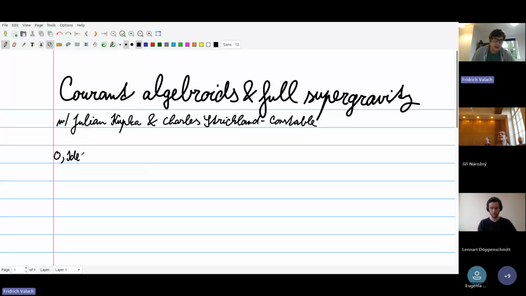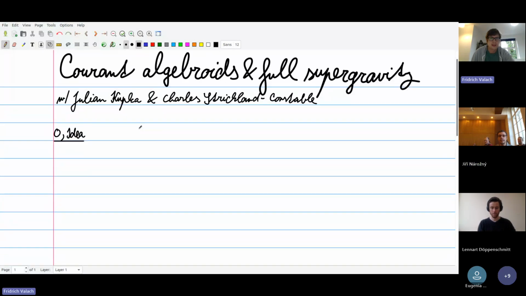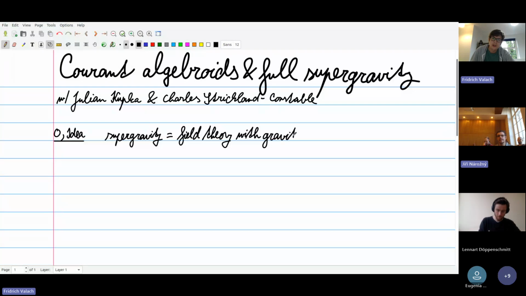This is the general physics introduction. First of all, supergravity. What you should imagine is a field theory where your fields include the metric, so there is some gravity in it. The metric tensor is a variable, and it has as one of its symmetries a local supersymmetry.